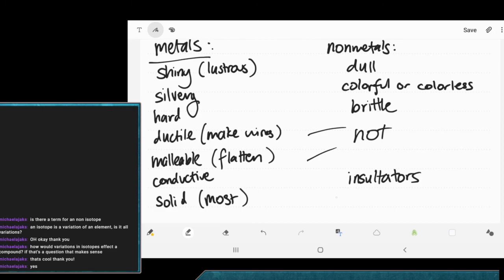And non-metals are all over the place. Most are gases: oxygen, nitrogen, fluorine, chlorine, helium, xenon, argon, neon, all gases. A couple are solid, like sulfur, like carbon. Some are liquid, like bromine. And so we see that there's just some kind of patterns here.